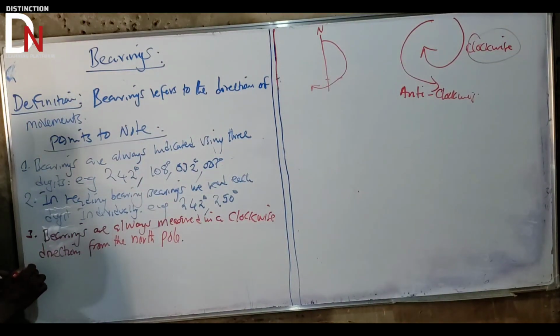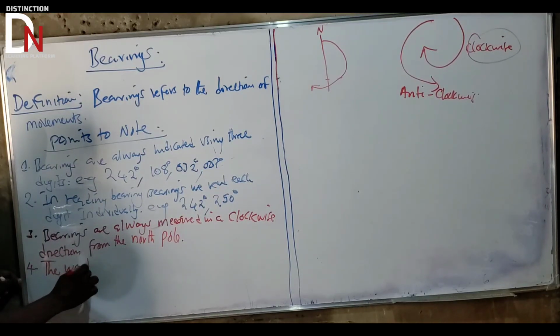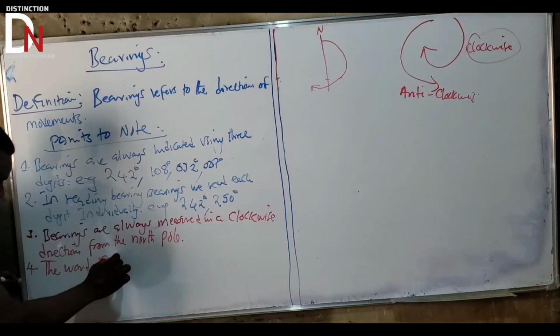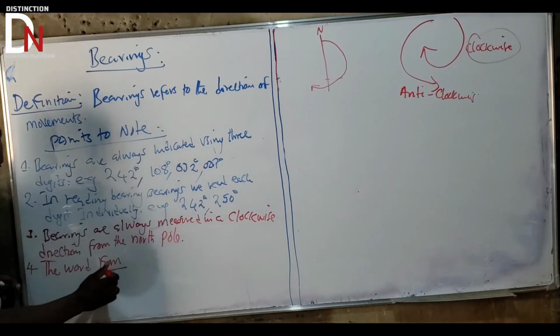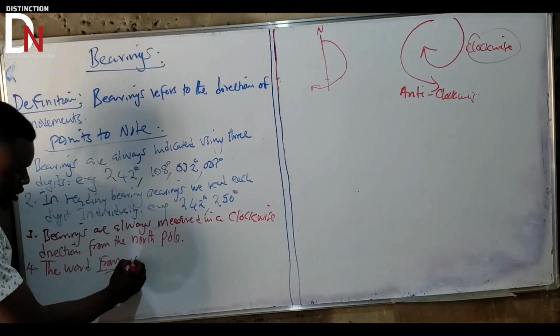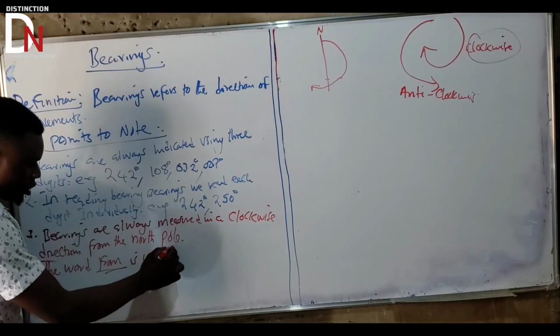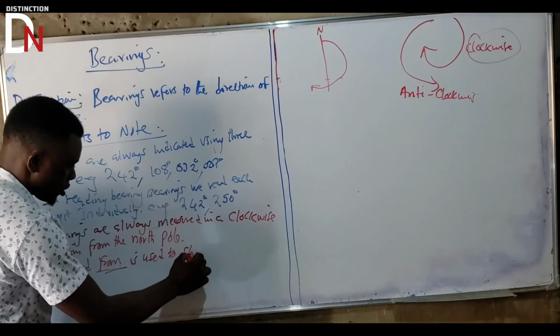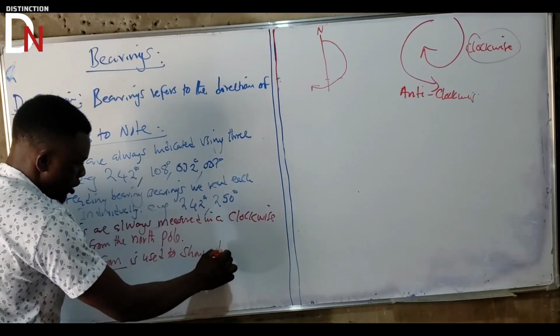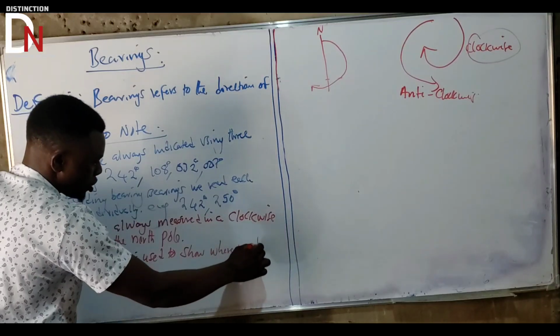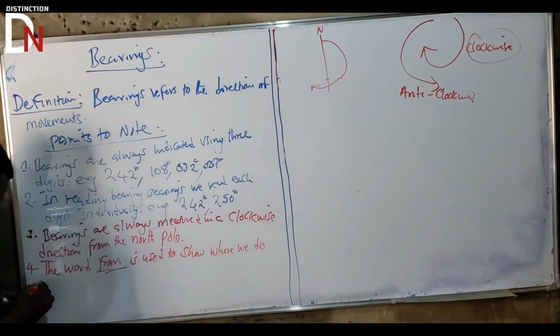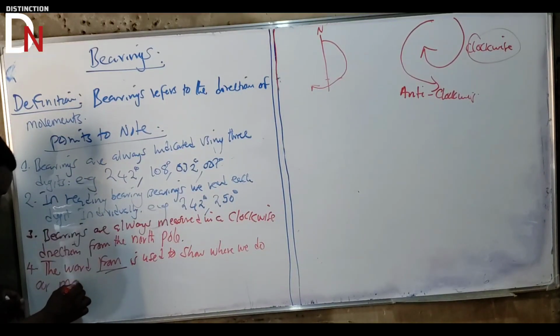Then the 4th point, the word from. The word from is used to show where we do our measuring.